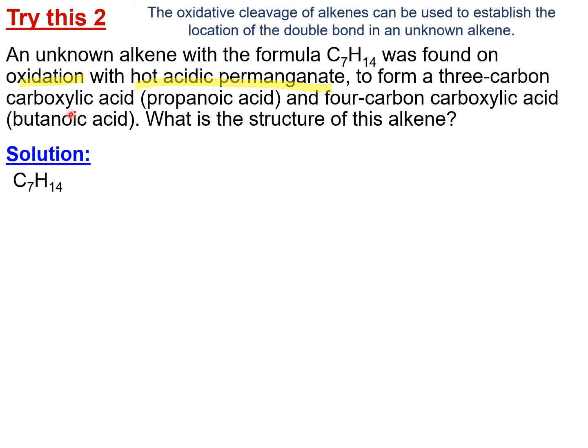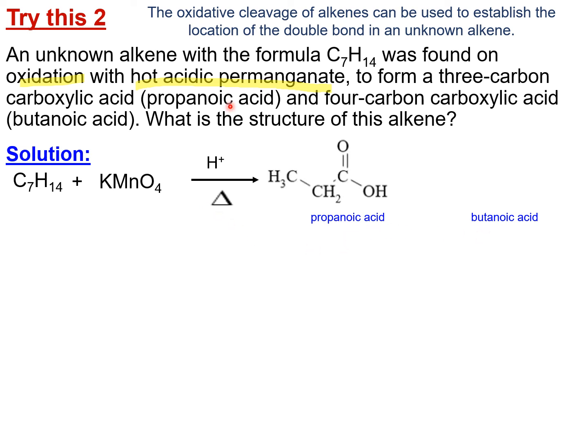Okay, so let's try this out. Okay, kat sini dia kata alkene react dengan KMnO4H+ dengan condition hot dapat propanoic acid dengan butanoic acid kan. So please draw the propanoic acid and also the butanoic acid. Okay, so it will look something like this.